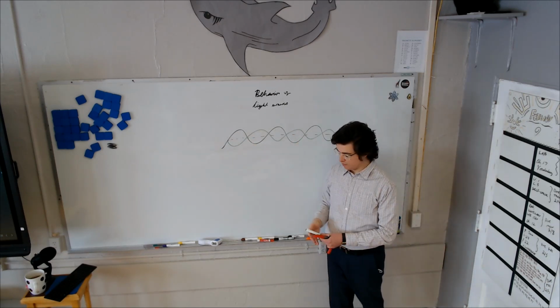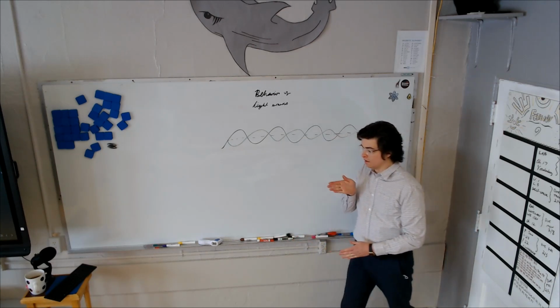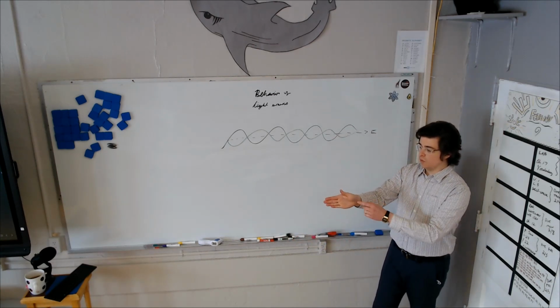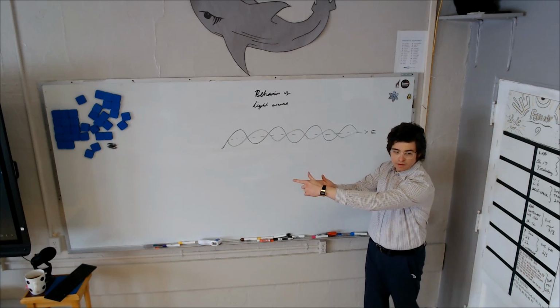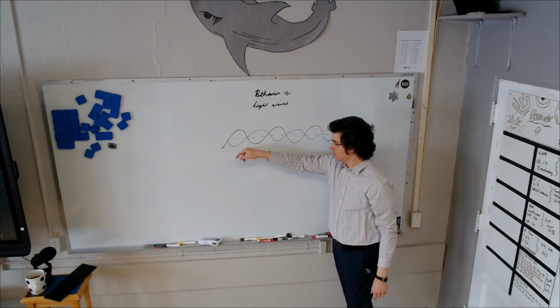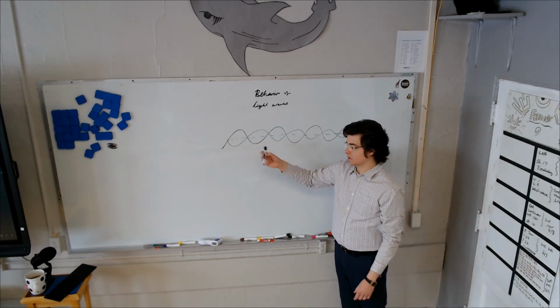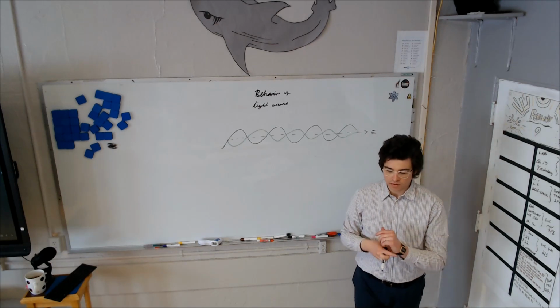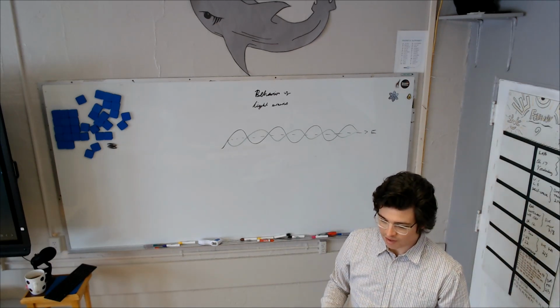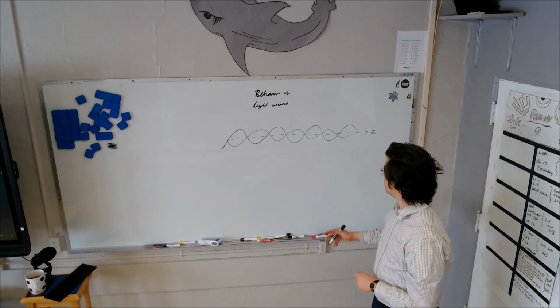One wave is going up and down like that, and the other wave is going left and right like that. We can say that the black is representing the electric force, and the green is representing the magnetic force. We think of those as being perpendicular to each other because of something in physics called the right-hand rule, which we will talk about when you're in physical science next year, but for now this is sufficient.